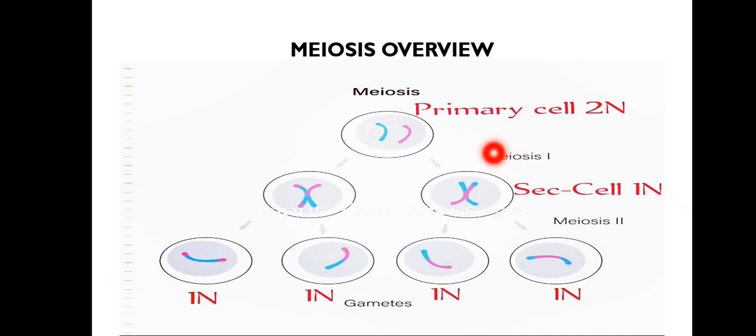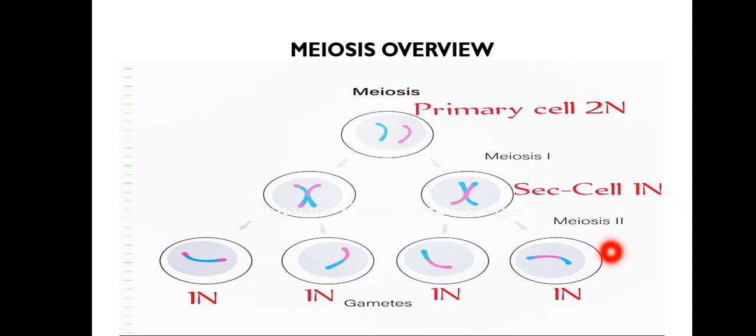You can also see that in the first primary cell, you had one cell. But as you finish this process of meiosis, you've got 4 different cells. That is meiosis. Recap: in meiosis 1, you convert a primary cell from 2N to a secondary cell which has a haploid number of chromosomes. Take note that there is no change in the number of chromosomes from the secondary cell to the final cell that you produce.